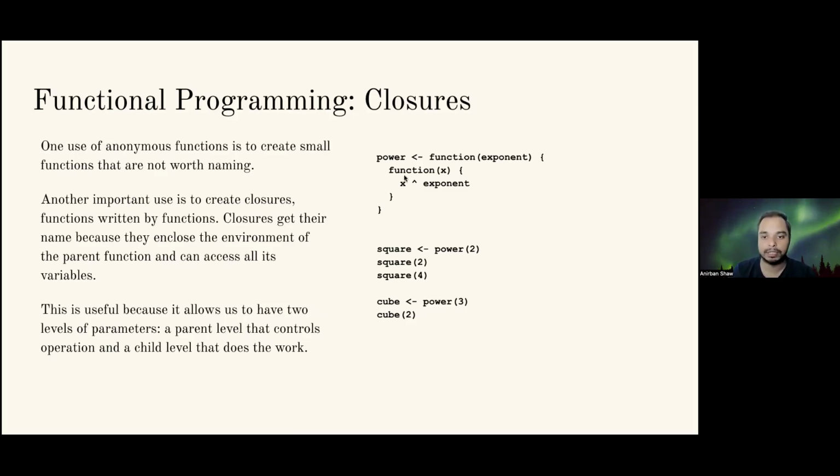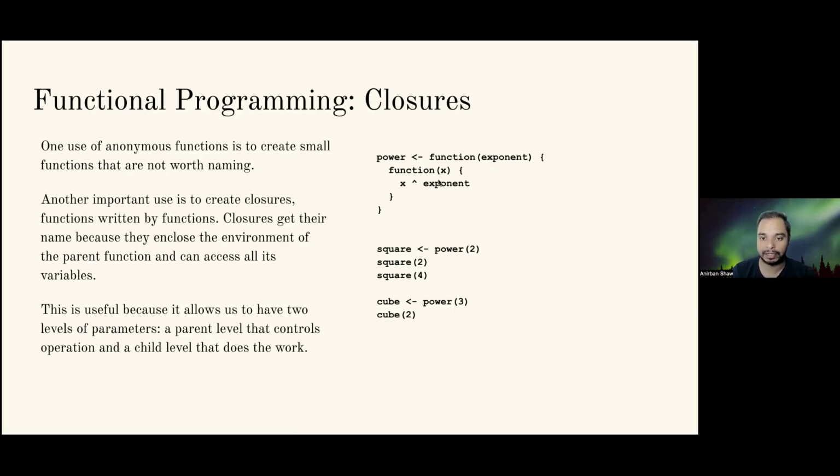So here, if you see, power is a function definition. You have a function, you have the exponent, simple function definition in R. And then you have another function here. Now, this is the confusing bit. Where is x coming from? We don't know. x is not defined anywhere, right? So if you ask many people who are okay doing R programming, they'll say this will throw an error when you run it, right?